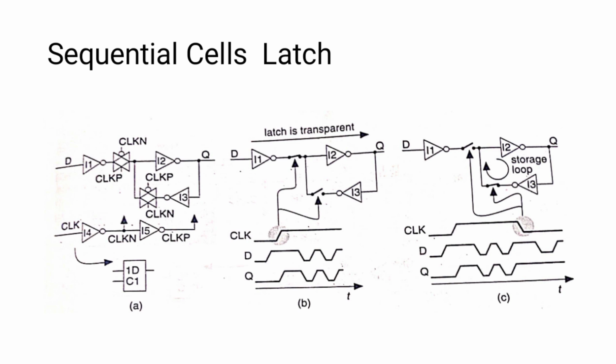When I3 is not connected to D and I2, whatever data is at D is directly transferred to Q. Whereas in figure C, D is disconnected from Q, and whatever data was previously stored is latched. So that is the logic behind the sequential cells.